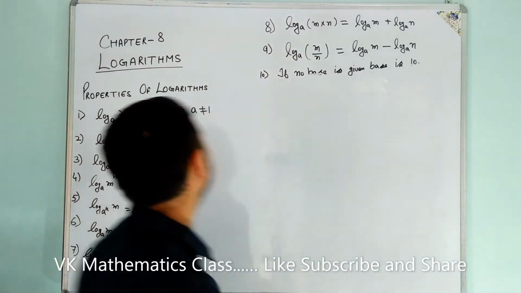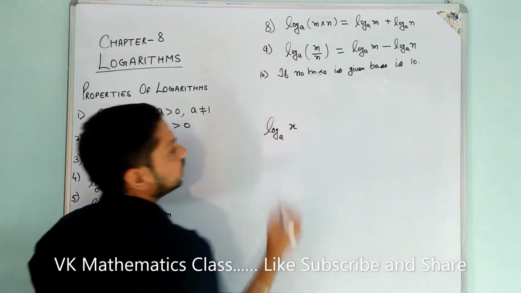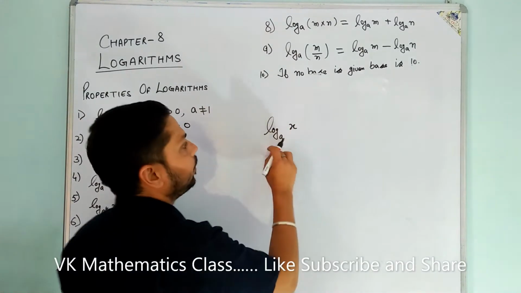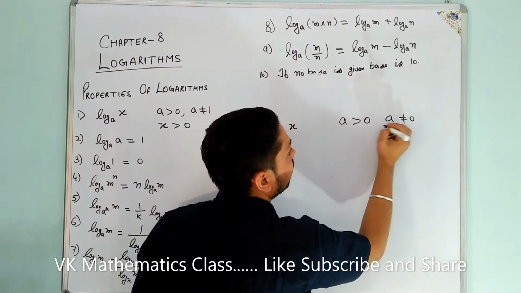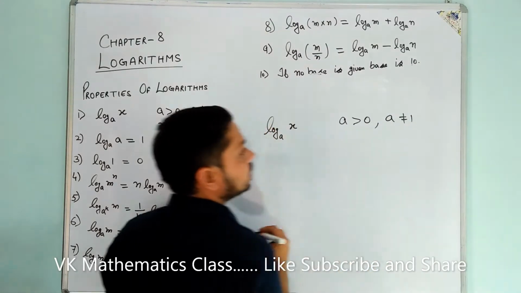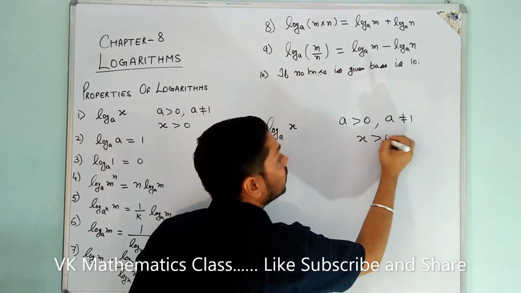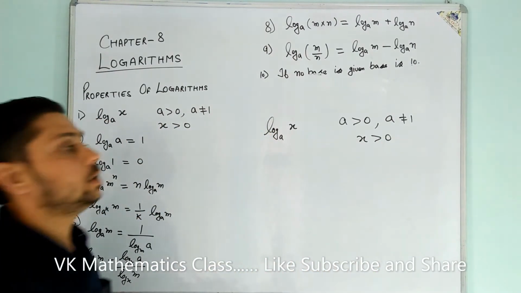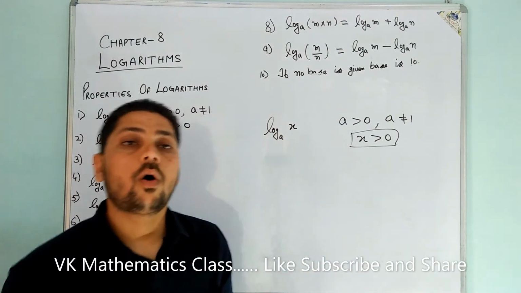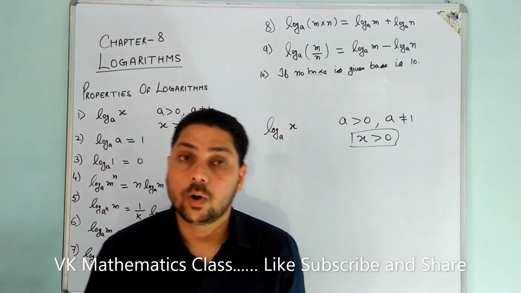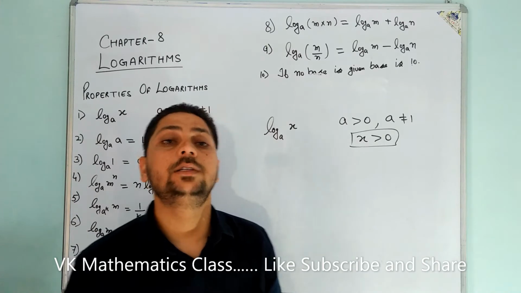First property of logarithm is log of x with base a, where a should be greater than 0 and a is not equal to 1. Second condition here is x should be greater than 0. That means the value whose log we calculate is always positive.